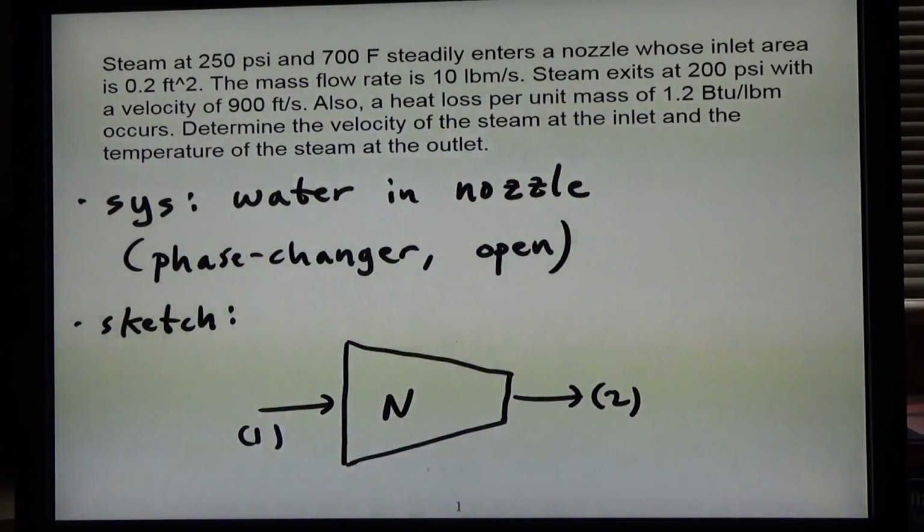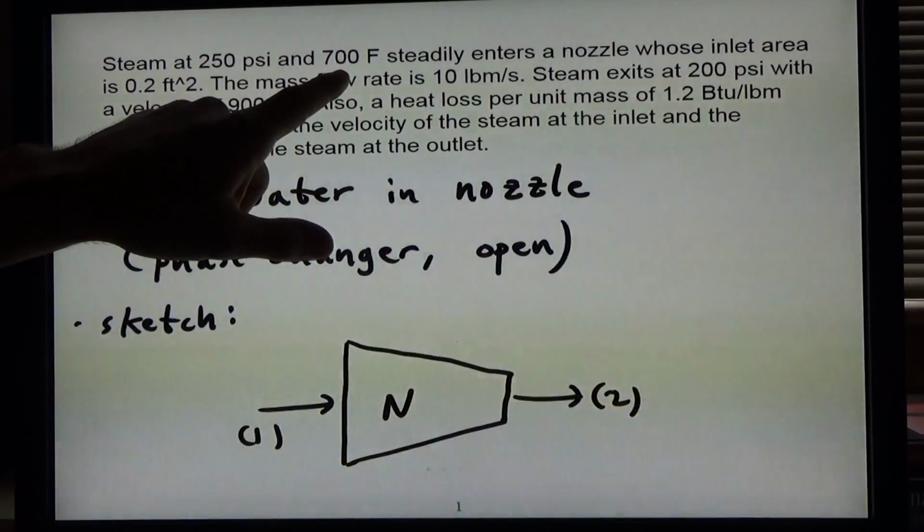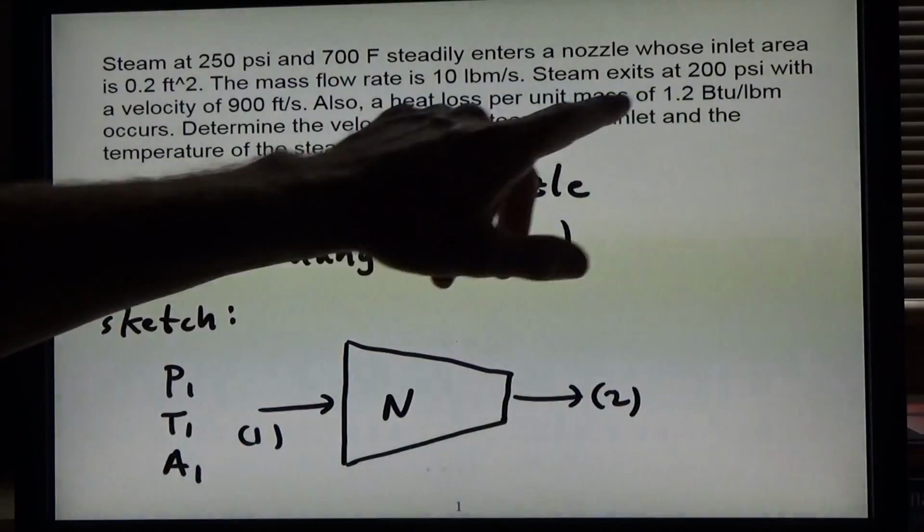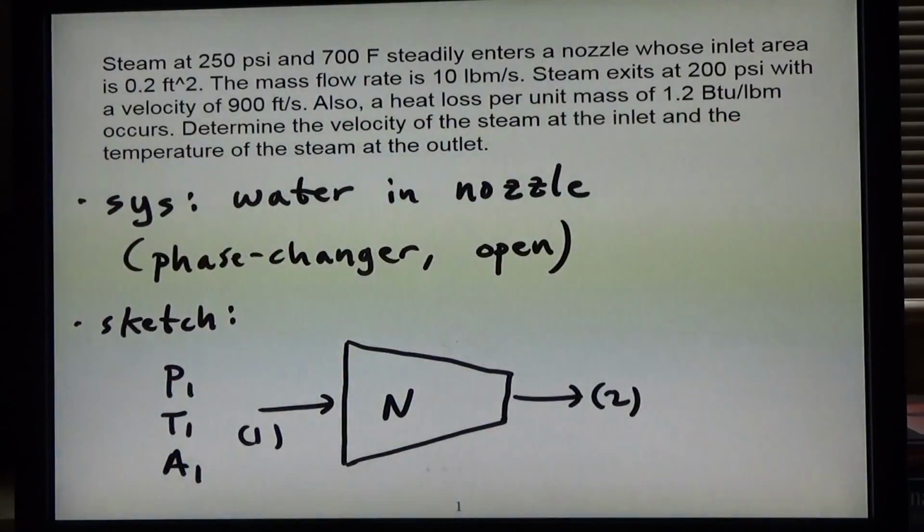So properties that we have at the inlet, we have pressure, temperature, and area. And the properties we're given at the exit, we know the exit pressure and the exit velocity. So here's our sketch.